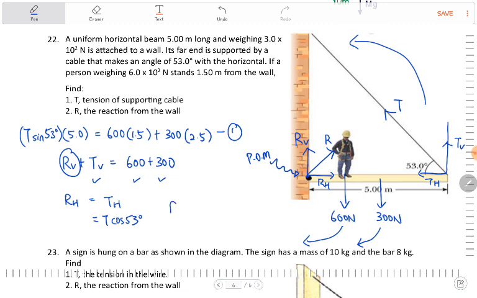Together with RV, now you can use Pythagoras theorem to get R, and after that you can use the tangent to get the angle from the horizontal. Because it is not along the horizontal or vertical, it must have a certain angle and you must find it. Alright, so try and see.